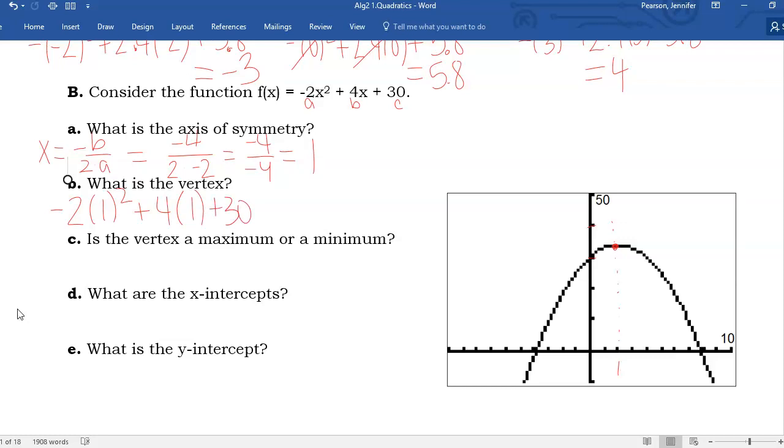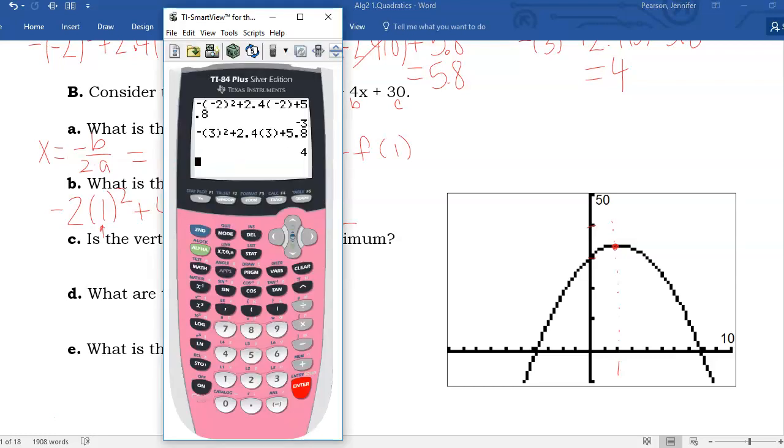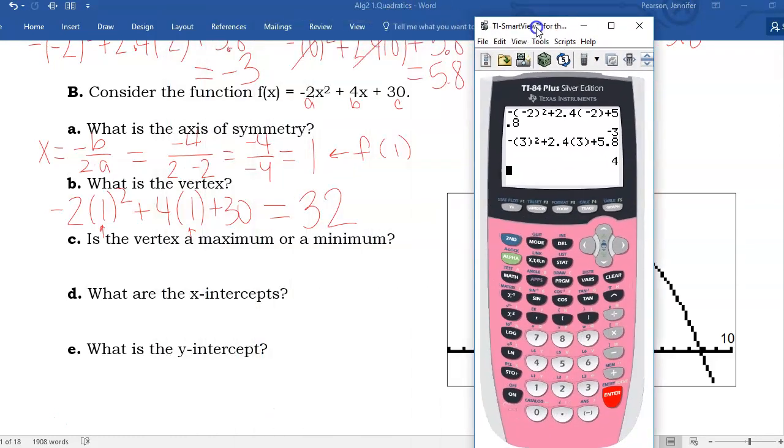Right? We're evaluating f of 1, because we figured out that the x-coordinate of the vertex is 1. So I'm just substituting that 1 in for my x's. And let's see here. 1 times 1 would be 1, times negative 2 would be negative 2. Negative 2 plus 4 would be 2. 2 plus 30, 32.